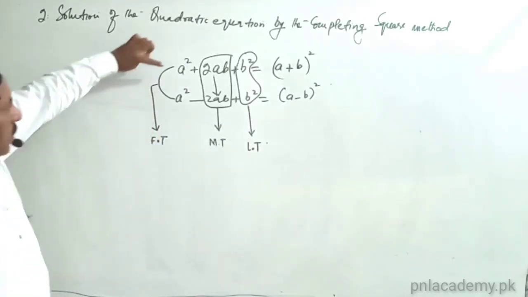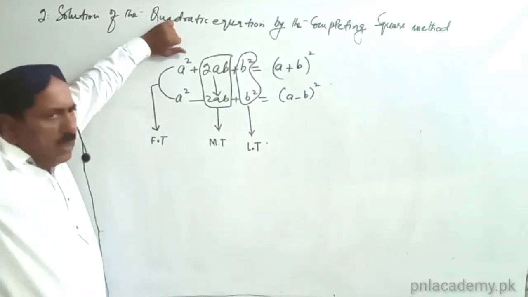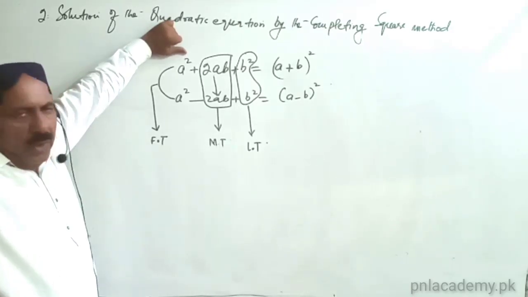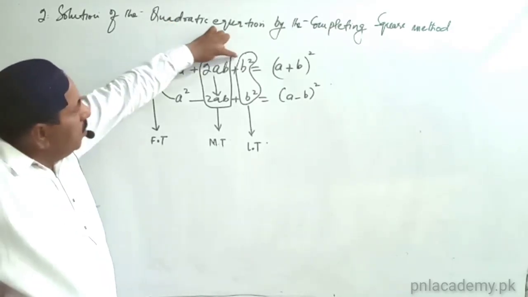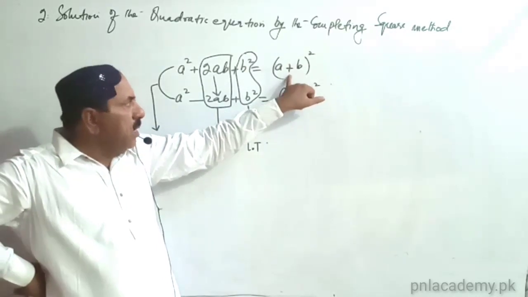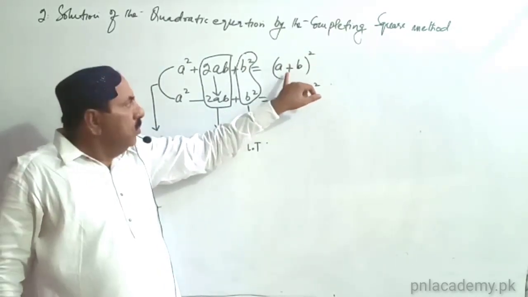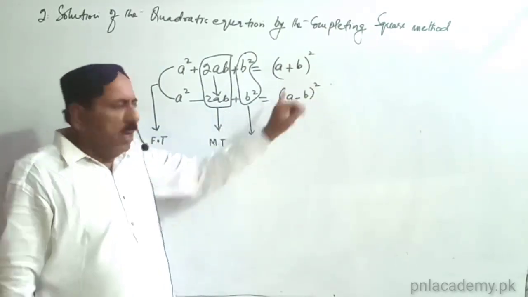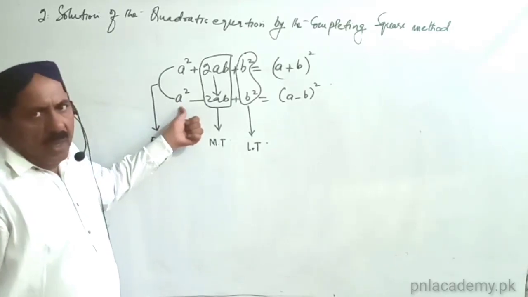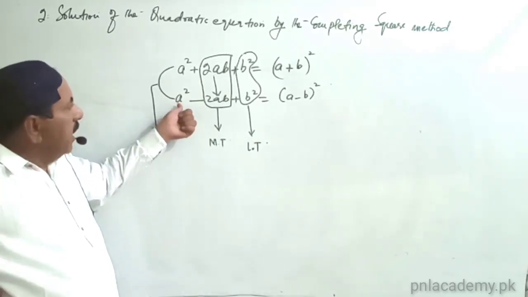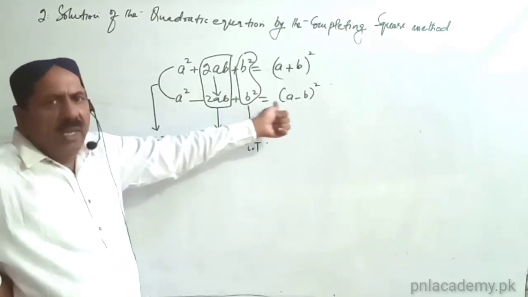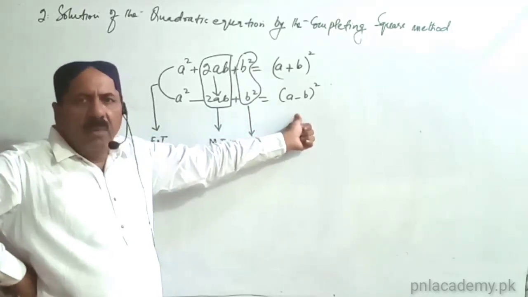So any equation, if this equation is according to the form of a square plus 2ab plus b square, then we can write it as a plus b whole square. Or if its expression is just like a square minus 2ab plus b square, then we are in a position to write a minus b whole square.